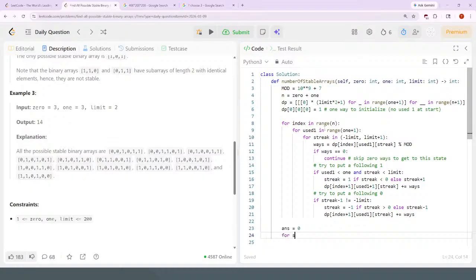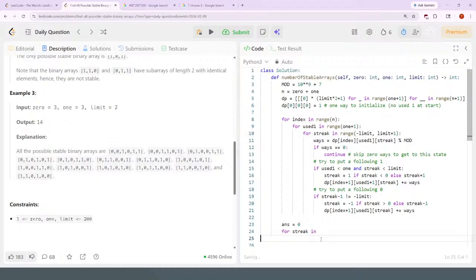So for every streak in range, actually, I think maybe I can just add up everything in the last column of the dynamic programming matrix.